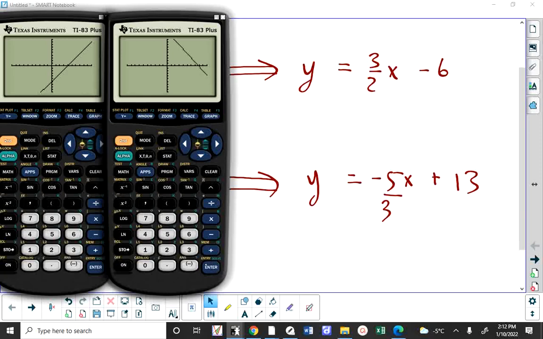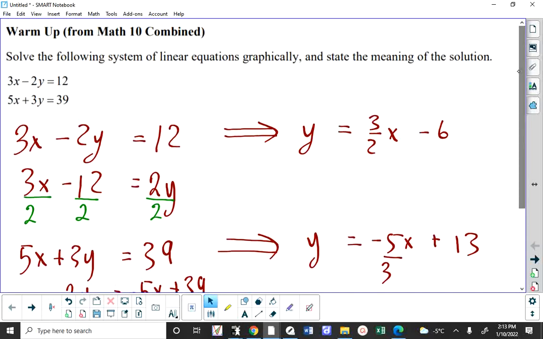So, what does that tell you? That tells you that for the second equation, any point on this line is a solution to the second equation. Right? So, what does it mean to say, what's the solution to a system? It's asking you to find a number for x and a number for y that make each equation true for those same numbers.